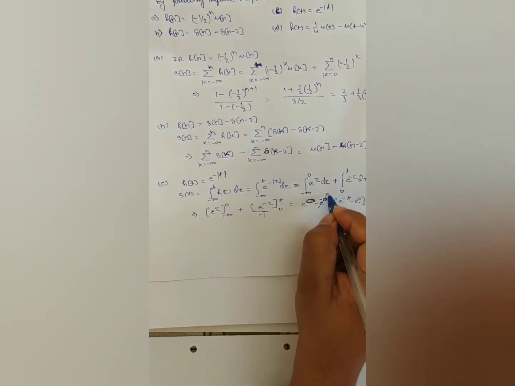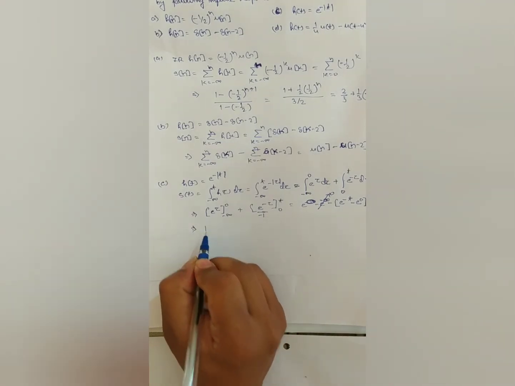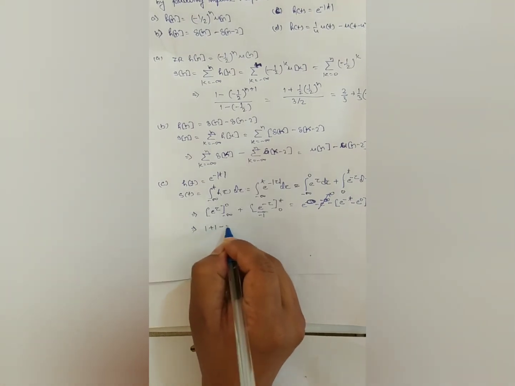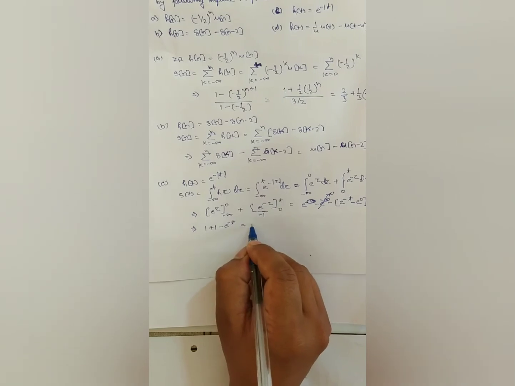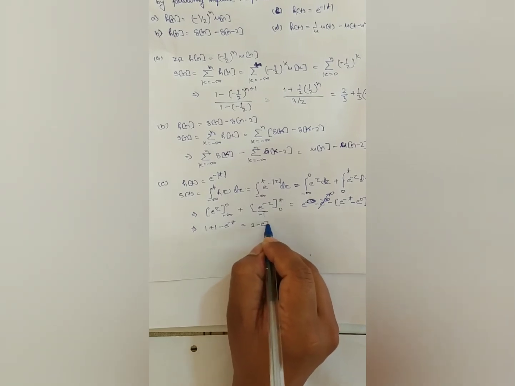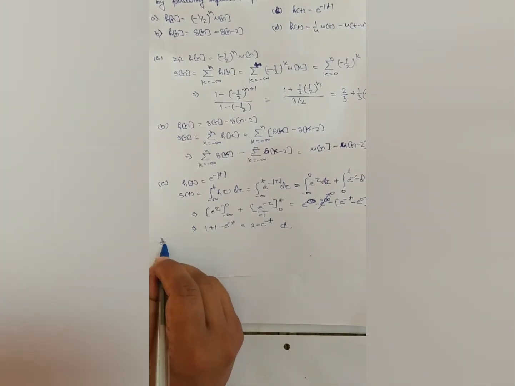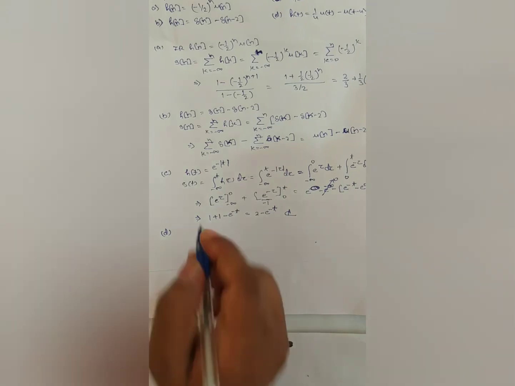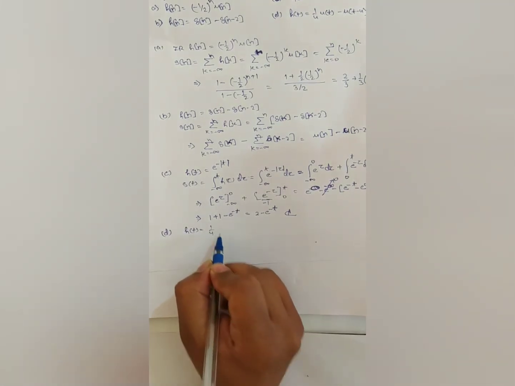The e to the power minus infinity becomes 0, e to the power 0 becomes 1, and this also becomes 1, minus e to the power minus t. Therefore the overall value is 2 minus e to the power minus t. This is our answer.